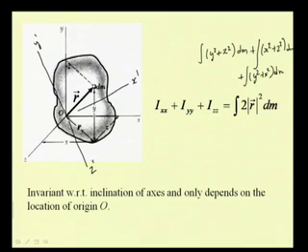Even if you compute the corresponding second moments and sum them up, it will be equal to this quantity as far as this origin point O is considered. Only if we displace this point will the summation of the second moments change. So, we see that it is invariant with respect to the inclination of the axes and only depends on the location of this origin O.